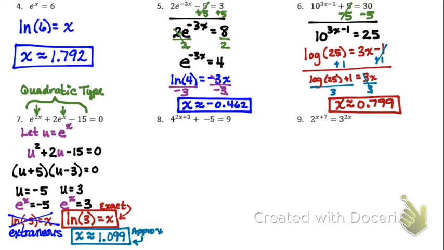Number 8. Where do I start this one at? Add 5. Add 5 to both sides. Four to the power of 2x plus 3 equals 14.